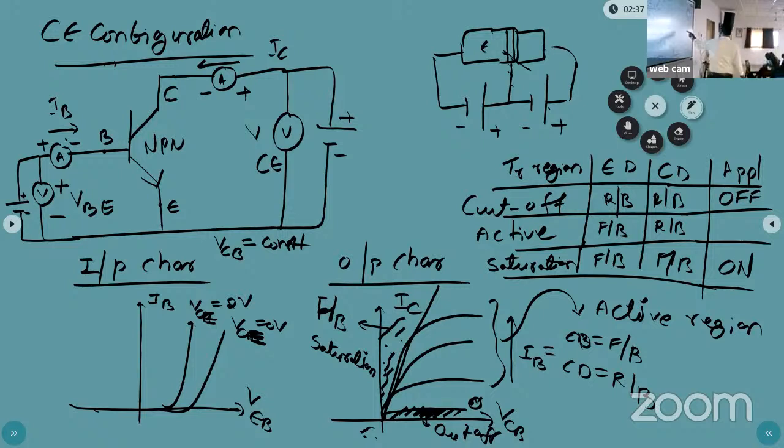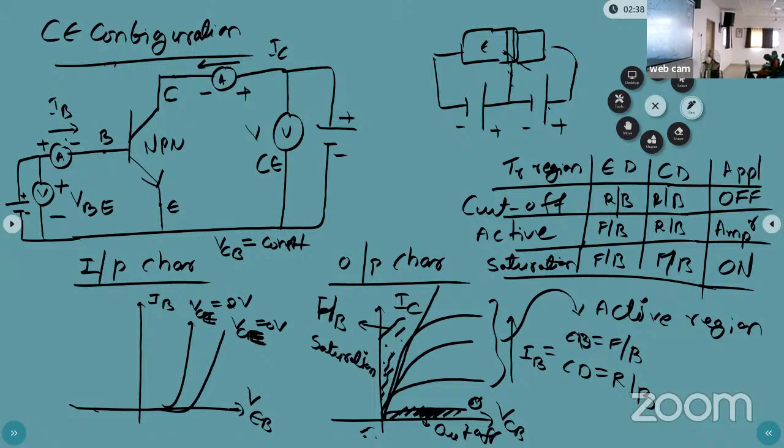Coming to the next region, the active region. If one junction is forward bias and the other junction is reverse bias, then the transistor can be used as an amplifier. So based on these three regions, we got two applications. One is the switch, the other one is the amplifier.